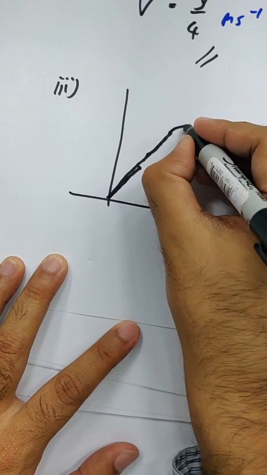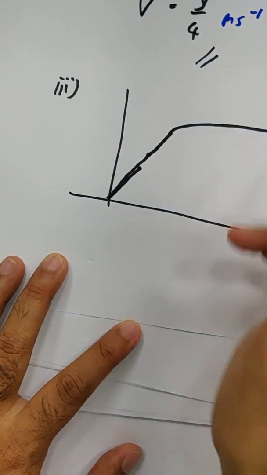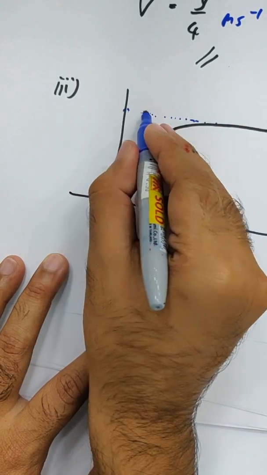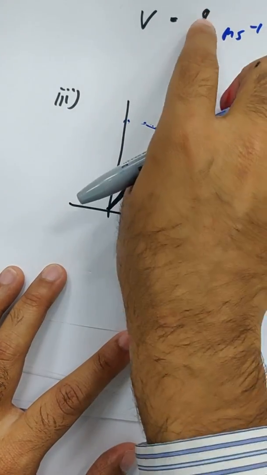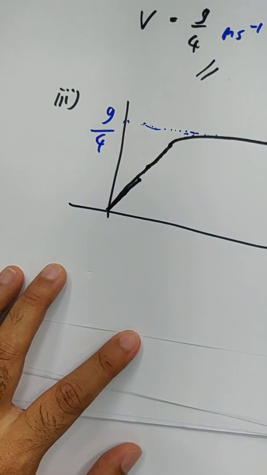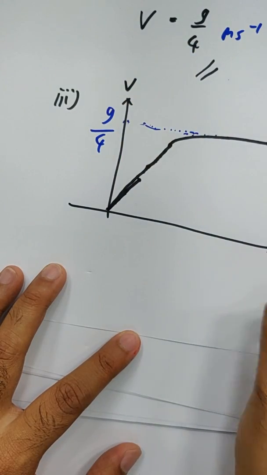The speed will be constant from here. What is the speed here? g over 4. This is your velocity, this is your time.